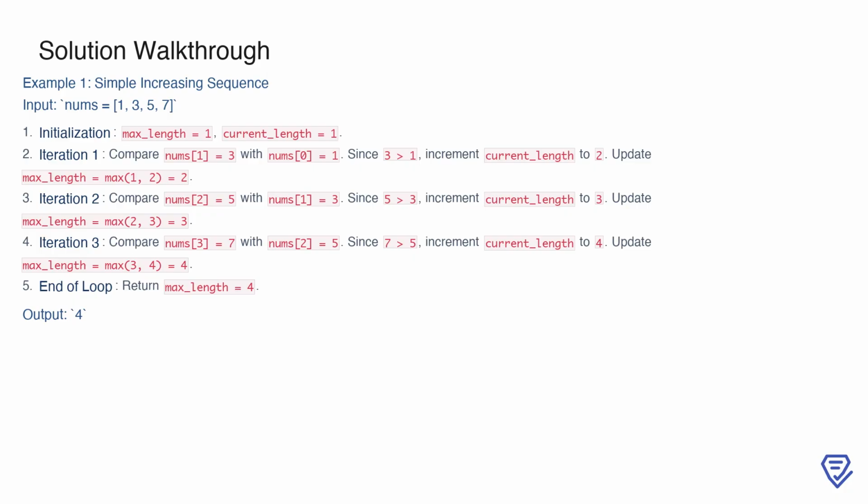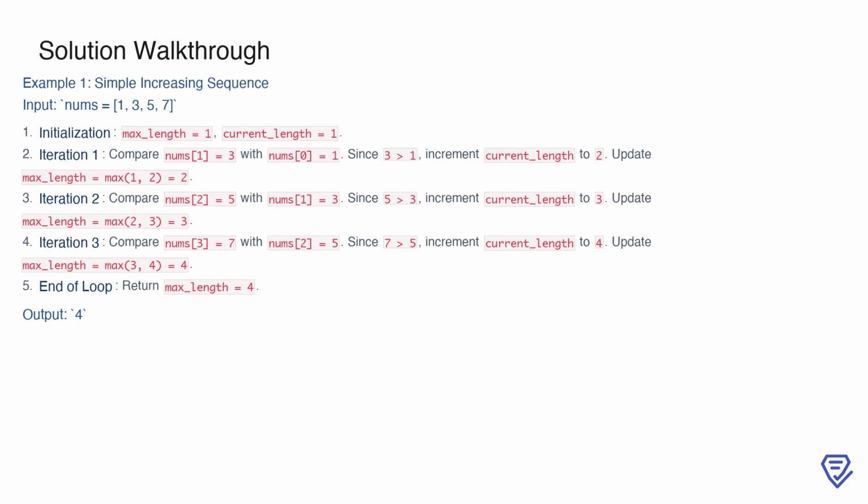Since 3 is greater than 1, it means the sequence is still increasing, so we increment current_length to 2. At this point, we update max_length to the maximum of its current value and current_length, which becomes 2. Next, we compare 5 with the previous element, 3.